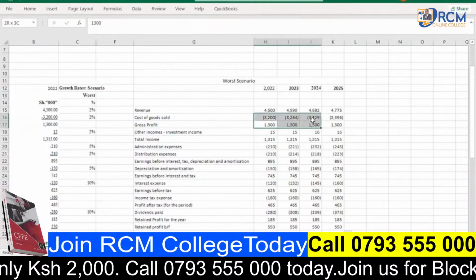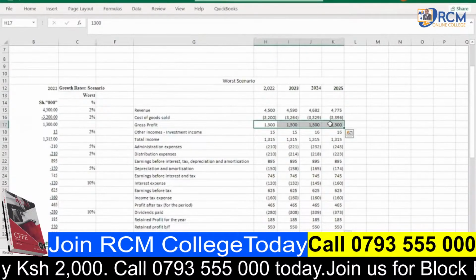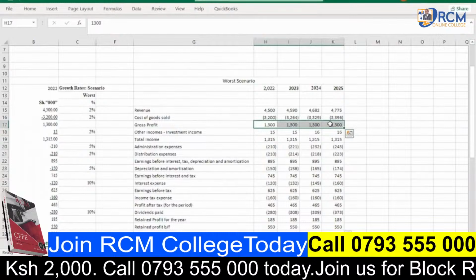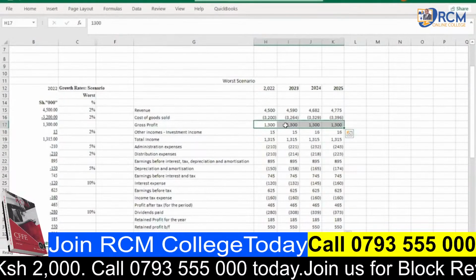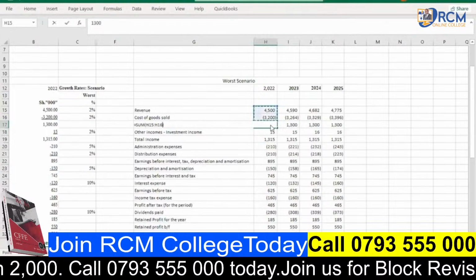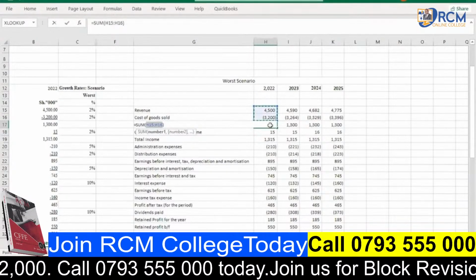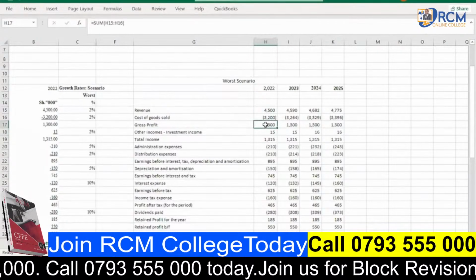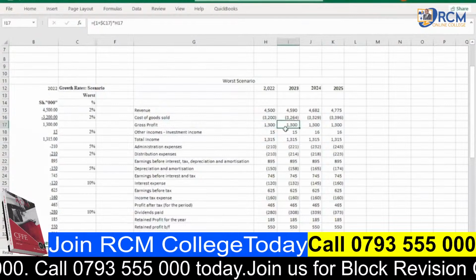Just highlight because we have a negative. So what do we do? We just get the formula. So just say Alt to get that. Of course, it will give us 1300, but now this other one should be different.